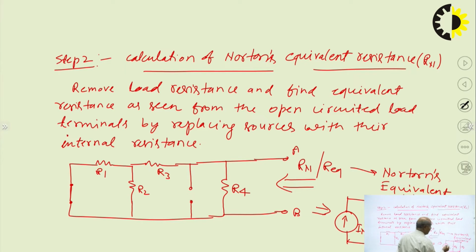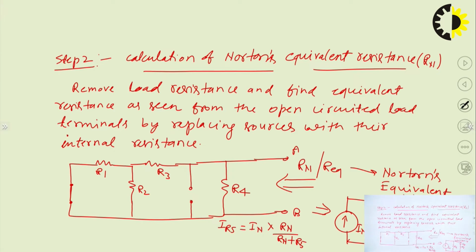And now we can very easily calculate the current here, that is IR5. It is calculated by the current division rule, and you know that it is IN into Rn upon Rn plus R5. So this is how we will calculate the current in this load, by using Norton's equivalent circuit.